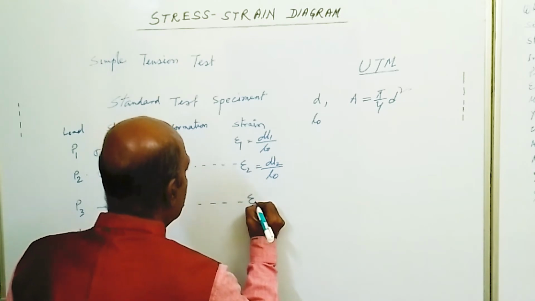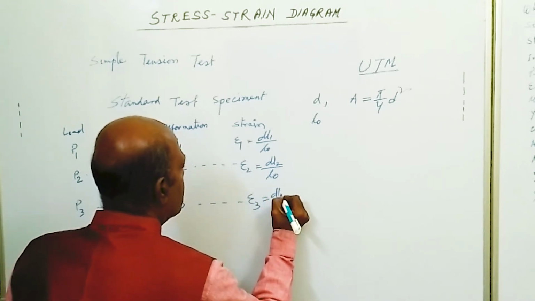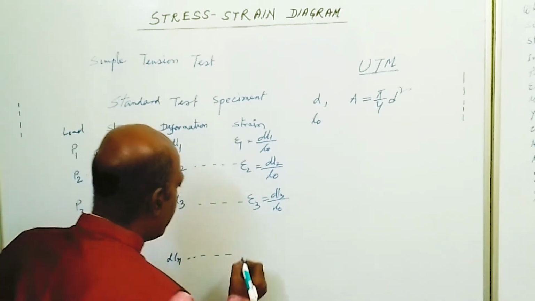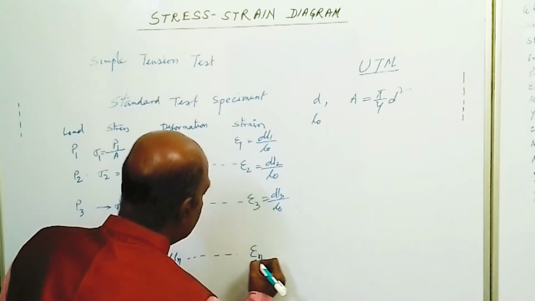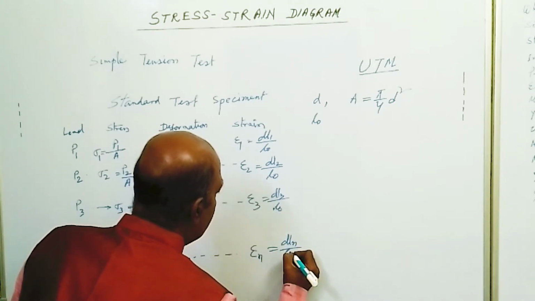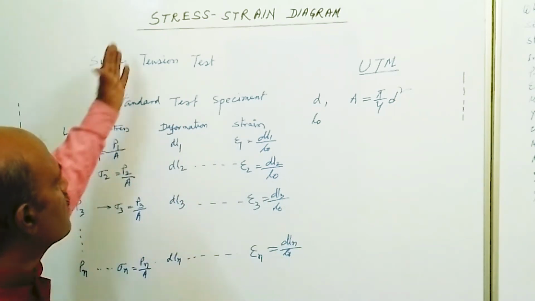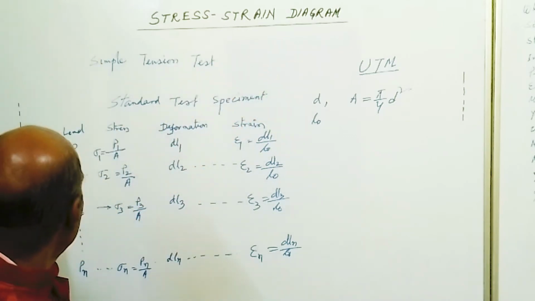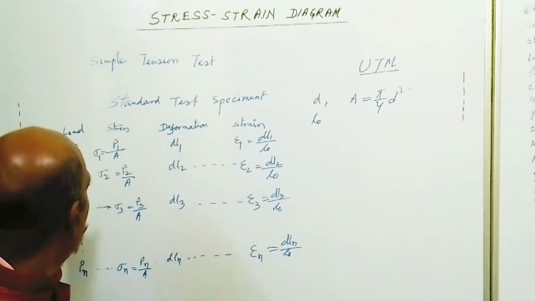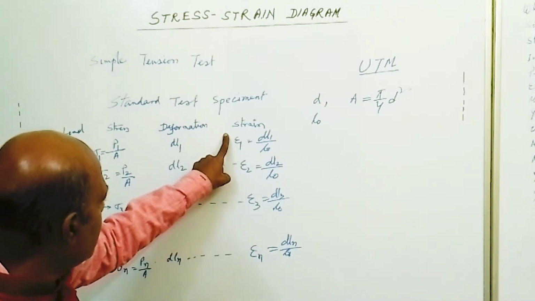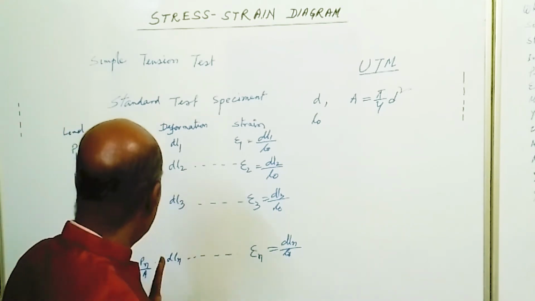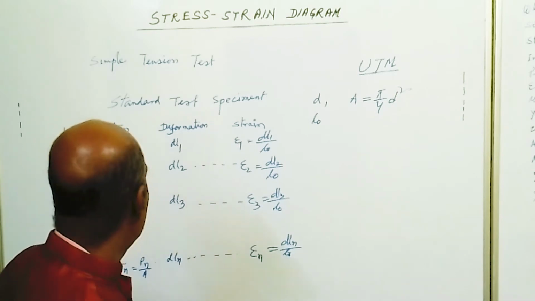Similarly epsilon 3 is given by dl3 by L0, and at the breaking point the strain developed, epsilon n, is equal to dln by L0. So in this UTM machine, at various loading points P1, P2, P3 up to Pn, we have calculated stresses and strains separately, so we know the stress and strain at various loading points.